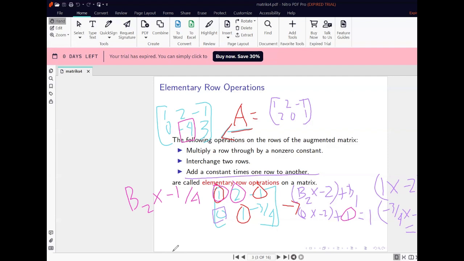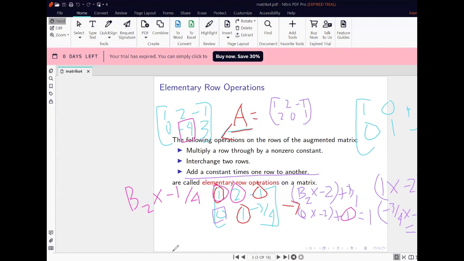So the augmented matrix becomes this result: 1, 0, and a half. I'm sorry, it's not minus here, it's plus half. And the second row is 0, 1, minus 3 over 4.